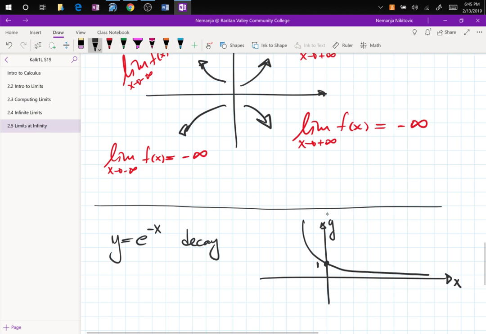It goes through 1, and we have these 2 ends. So now let's say the orange end over here would be end behavior. We have the limit x goes to negative infinity of e to the negative x equals positive infinity. So that will be end behavior. And the other side here is the one that tells us there is an asymptote, because limit x goes to positive infinity of e to the negative x is equal to 0.